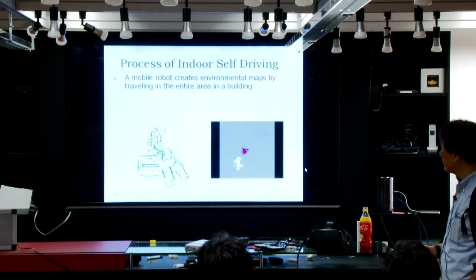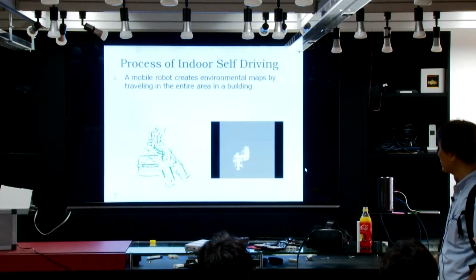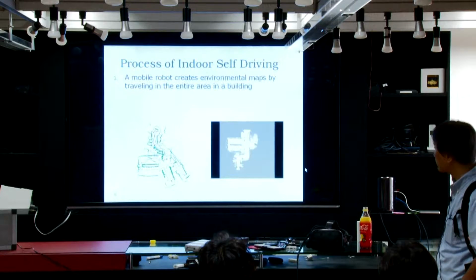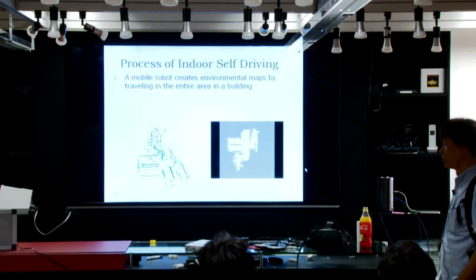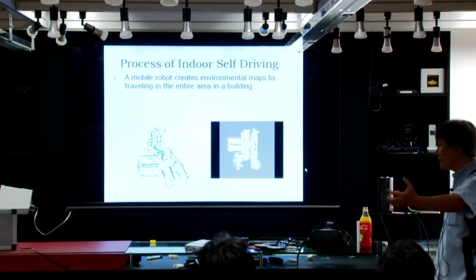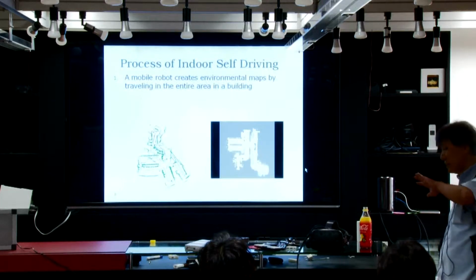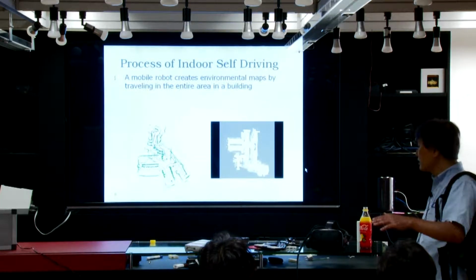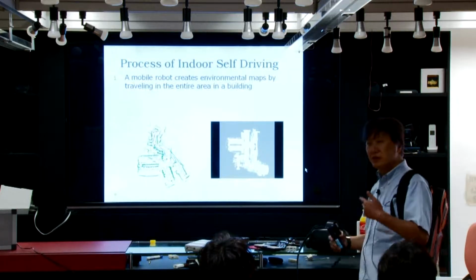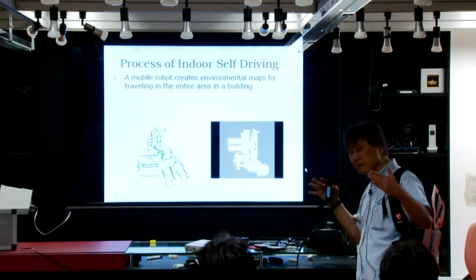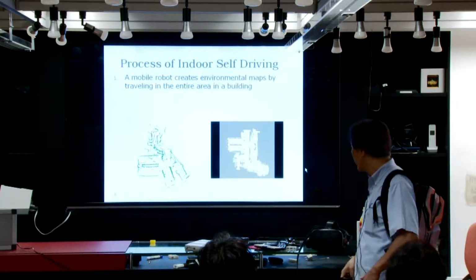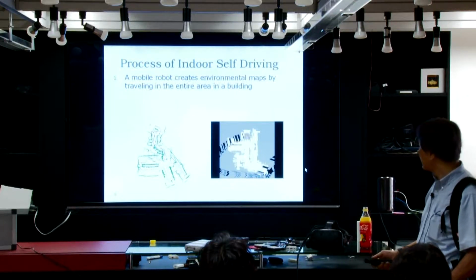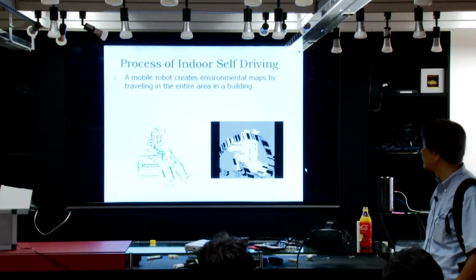So using SLAM technology, it's possible to create a more accurate map like this, by accumulating data, removing the noise, and correcting the data. Then it creates this kind of 2D map.